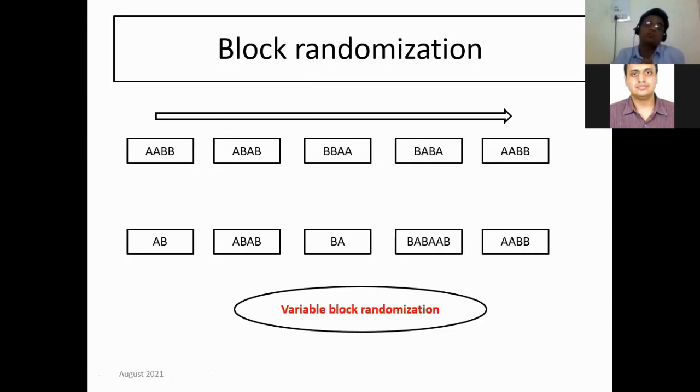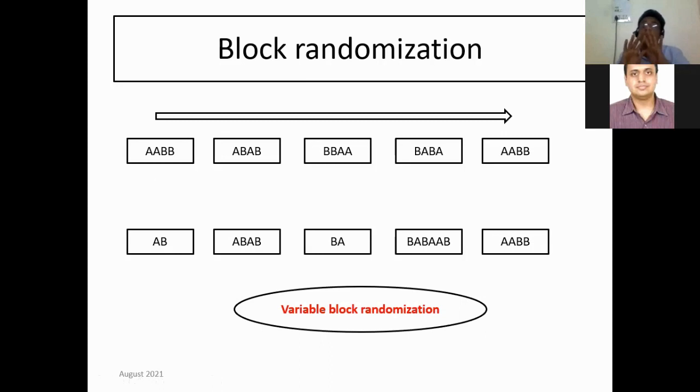So what we use is called variable block randomization. In variable block randomization, I don't know whether the block is of 2 or of 4. So once the first patient is A, the second patient is B, the third patient is A, I cannot be very sure that the next will be only B, because I don't know what the block size will be.